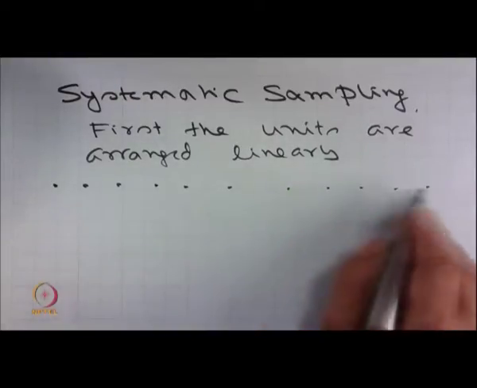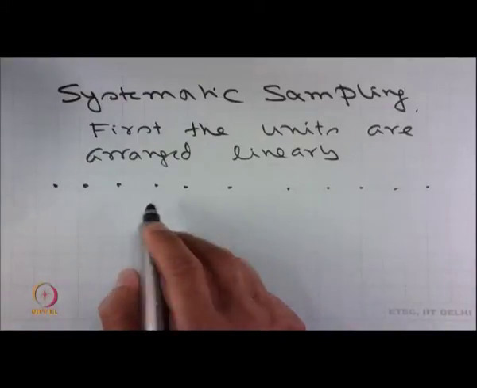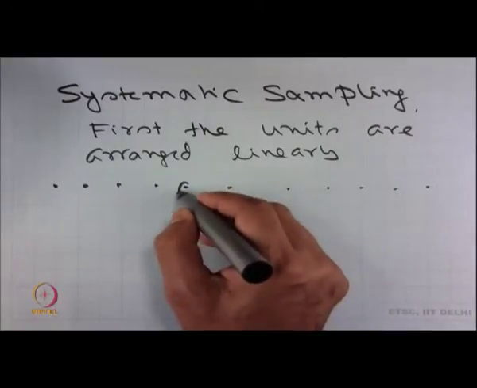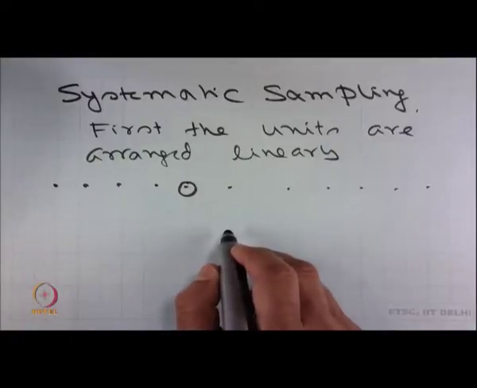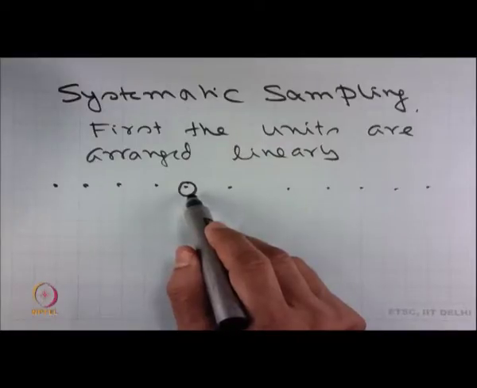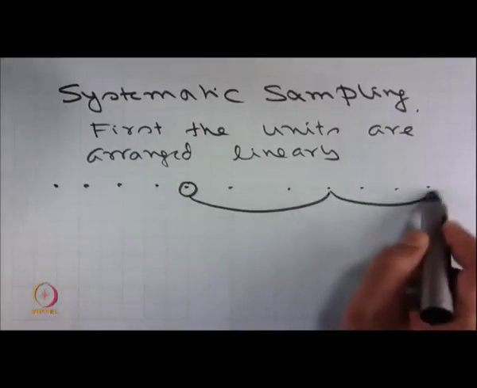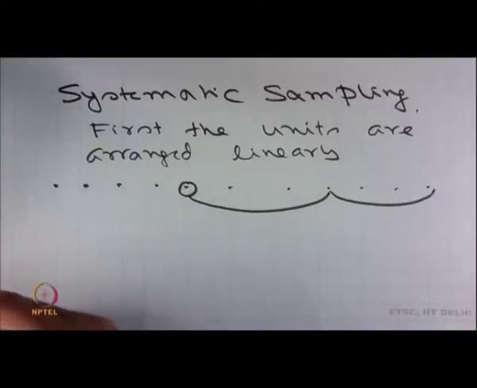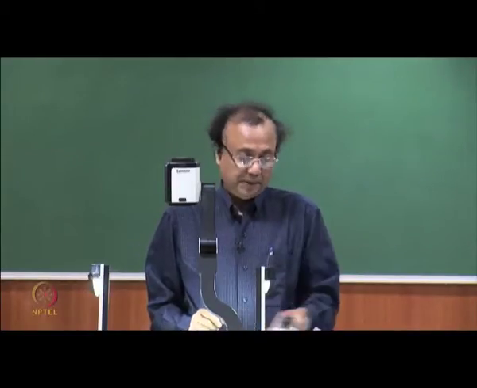Then instead of applying simple random sampling over the entire population, one starting point is randomly chosen over the entire population. After that, the members are chosen according to some fixed interval. This is also a very useful technique for sampling, as it is much less time consuming and costly in comparison with simple random sampling.